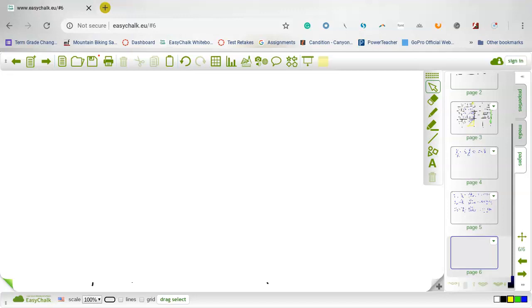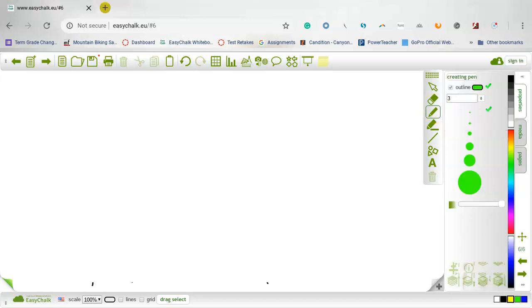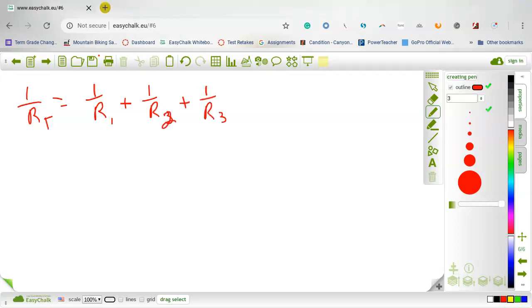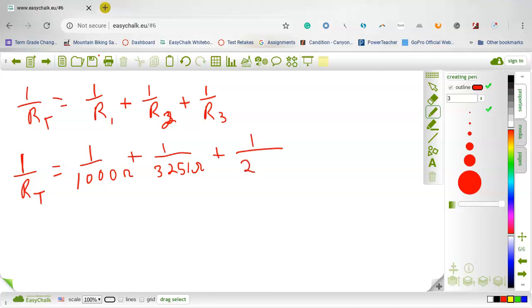So remember, in parallel, 1 over RT is going to be 1 over R1 plus 1 over R2 plus 1 over R3. So that means 1 over the total resistance is 1 over 1,000 ohms plus 1 over 3,251 ohms plus 1 over 2,785 ohms.